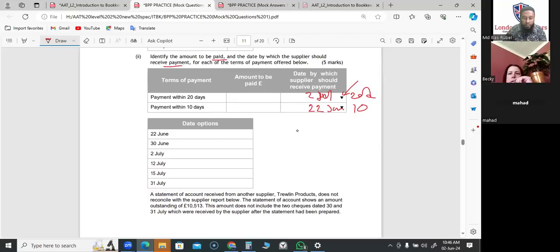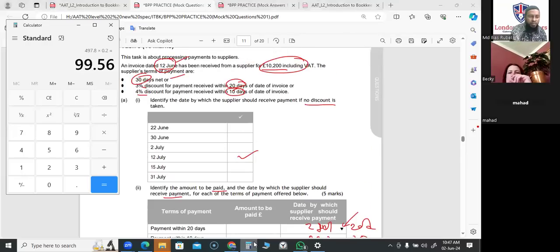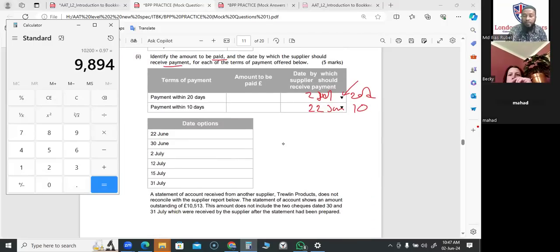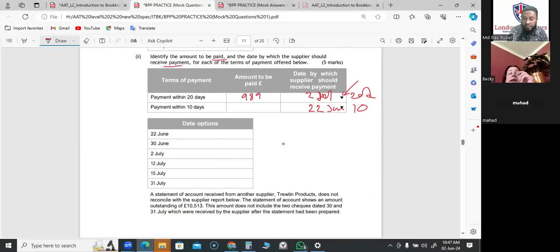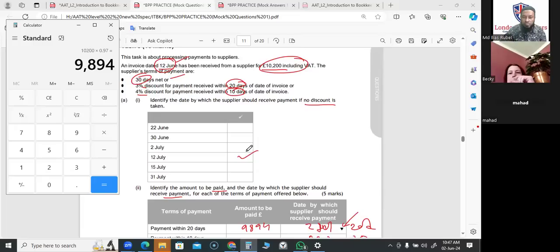Now, date was easy. How about the amount? It is just the discount. What is 3%? One is 4%. So I'd like to take my calculator: 10,200 times by 97%, which is 9894. Are you getting my calculation? Absolutely, yeah. It's just 3% taken away. And another one was 4% taken away, which is 10,200 times by 0.96.